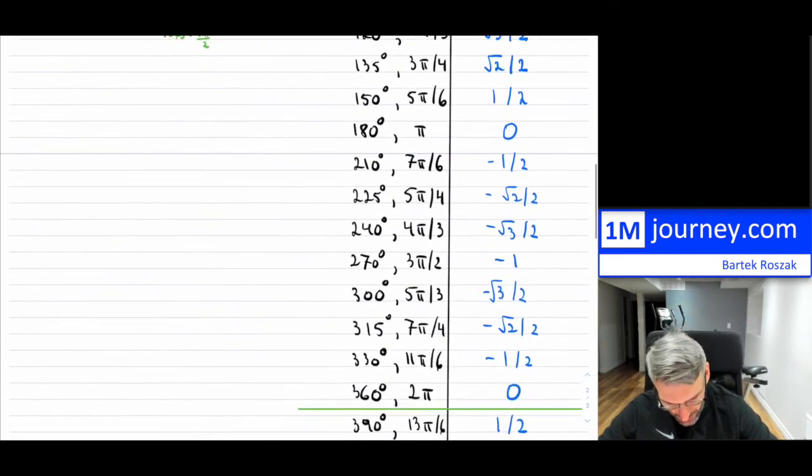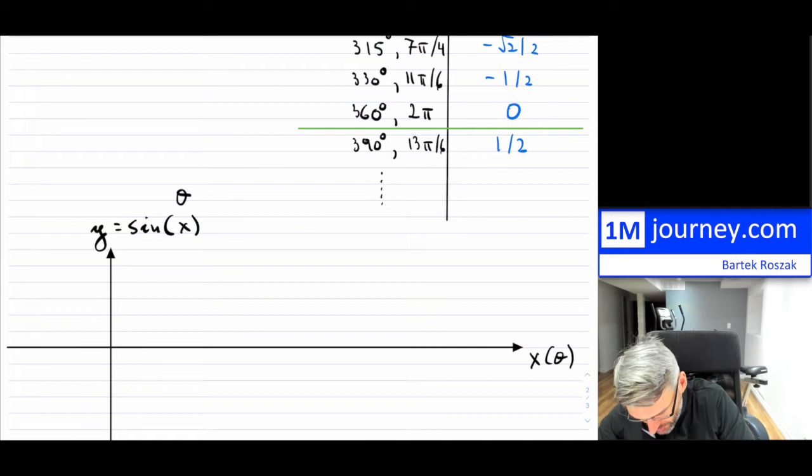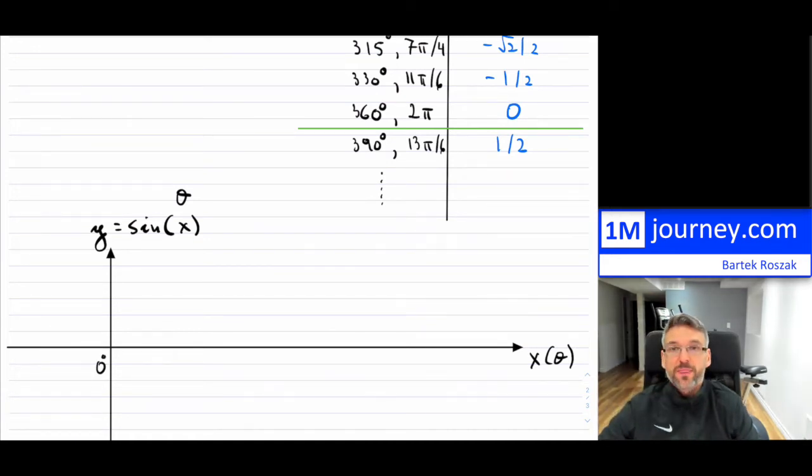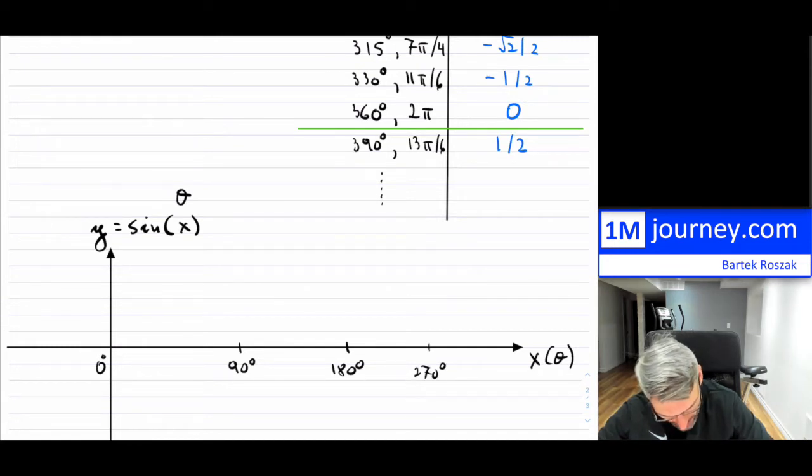So our independent variable is the angles: 0 degrees, then 30 degrees, 45 degrees, and so on. Let's say this is 90 degrees, I'm going to try to squeeze this in here. This is 180 degrees, 270 degrees, and then this is 360 degrees.